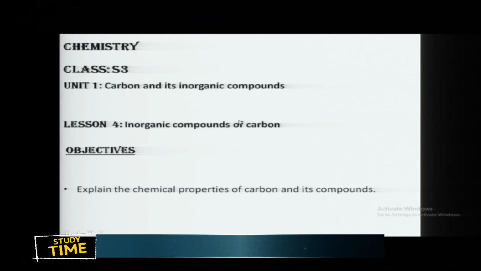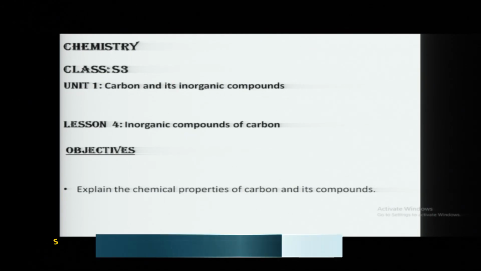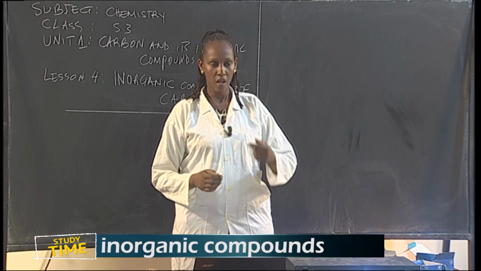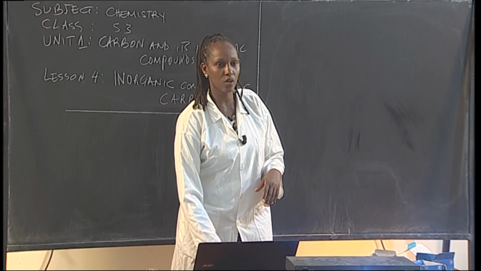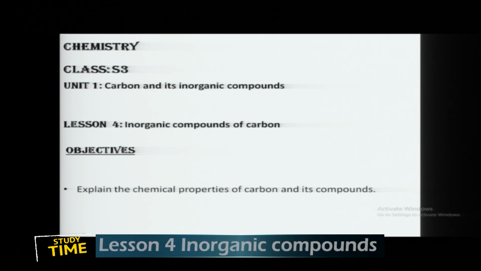You remember we are dealing with chemical properties of carbon, where we looked at the reactions of carbon with other elements or other substances. So for today, as I've said, we are looking at inorganic compounds of carbon. So what does it mean when we say inorganic compounds of carbon?